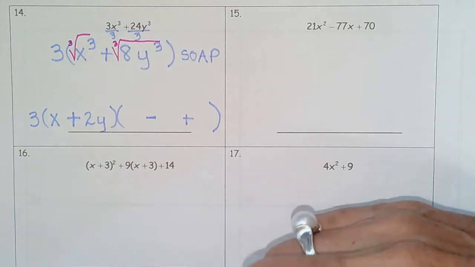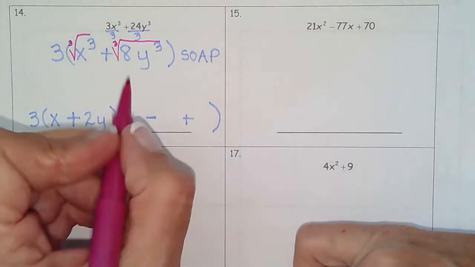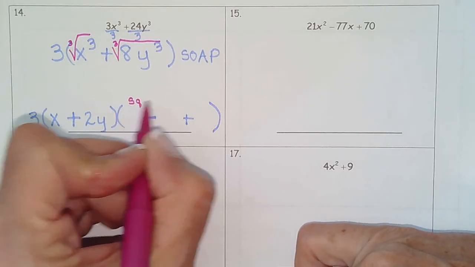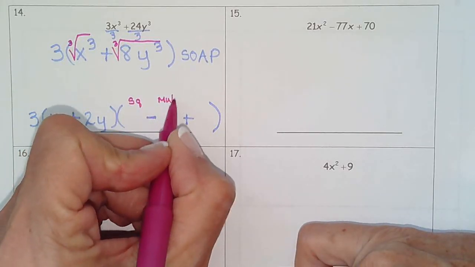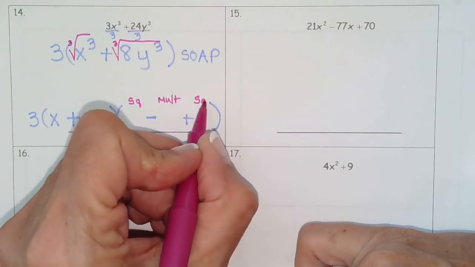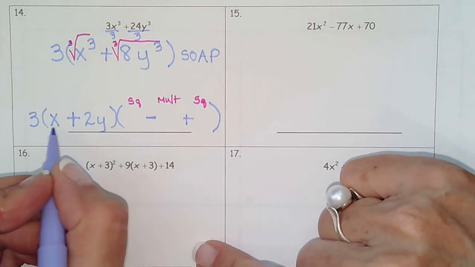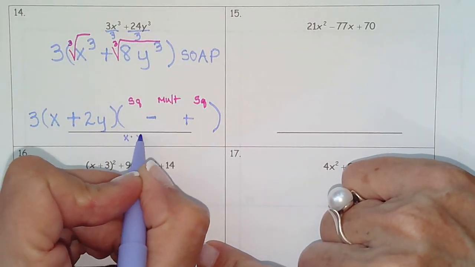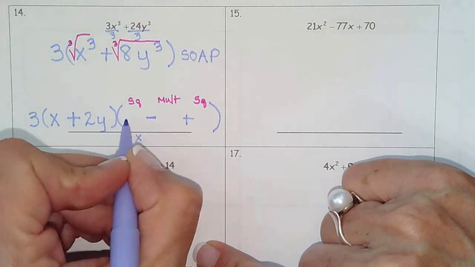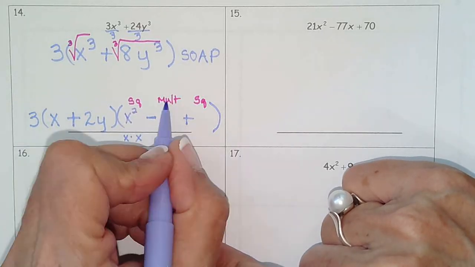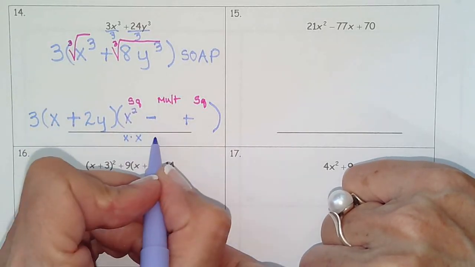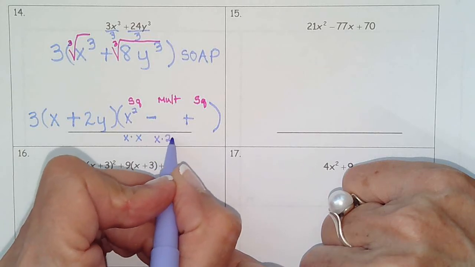Then we had another acronym for this one, and it was square, multiply, square, or just SMS, if you remember the letters. And so that means I square the first term, x times x, because we just go left to right. So that's x squared. For the multiplication, we multiply the 2 terms, x times 2y.